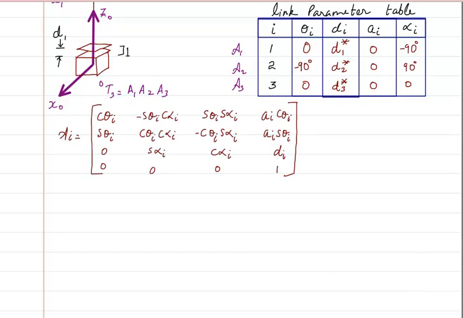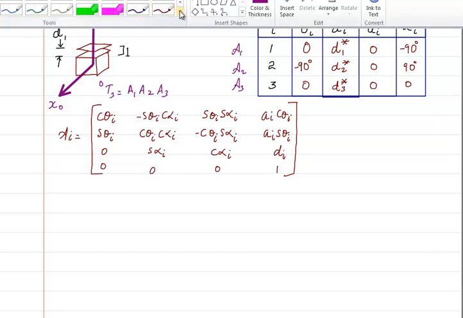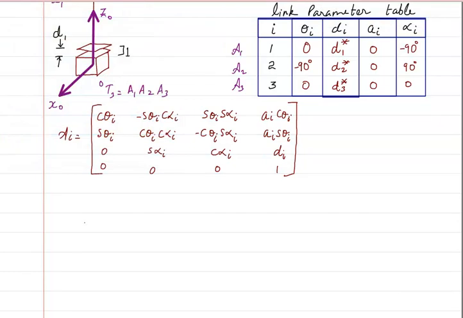So now based on this, I can write A1 based on these values. Theta i is 0. So I'm going to look at the first, i equal to 1. So for A1, I have to go for this row. For theta i, the value is 0.